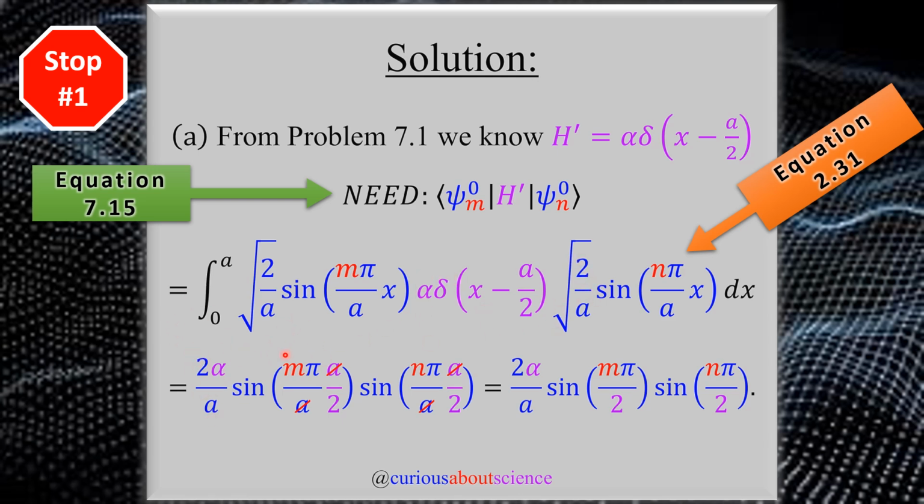The alpha can go on the outside, and because we're integrating a delta function, we know that we just need to evaluate the integrand at the spot of the location of the delta function. That being said, we plug in a over 2 and we get some nice cancellations with the a's from the wave function. Cool enough. And then we're left with a composite of sine with m pi over 2 and n pi over 2.